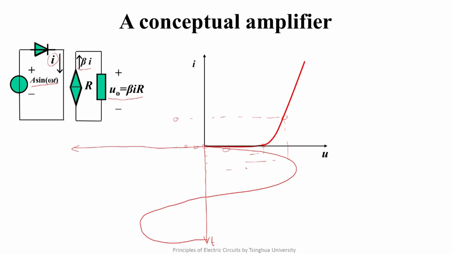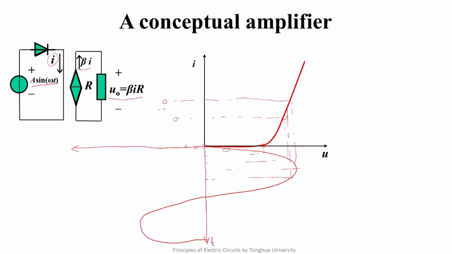When the voltage is the maximum, of course the current reaches its maximum. If time continues to increase, the voltage is reduced and the current is also reduced.